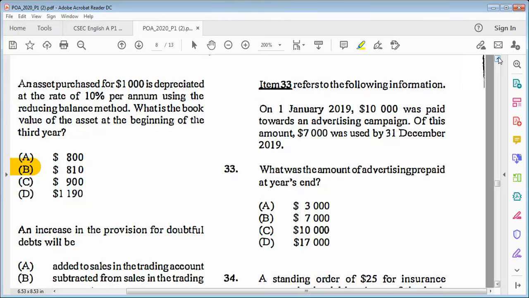A, $3,000, B, $7,000, C, $10,000, or D, $17,000. So we know that we would subtract $7,000 from our $10,000. We're left with $3,000. So our answer would be A. That's the amount prepaid at the end of the year.